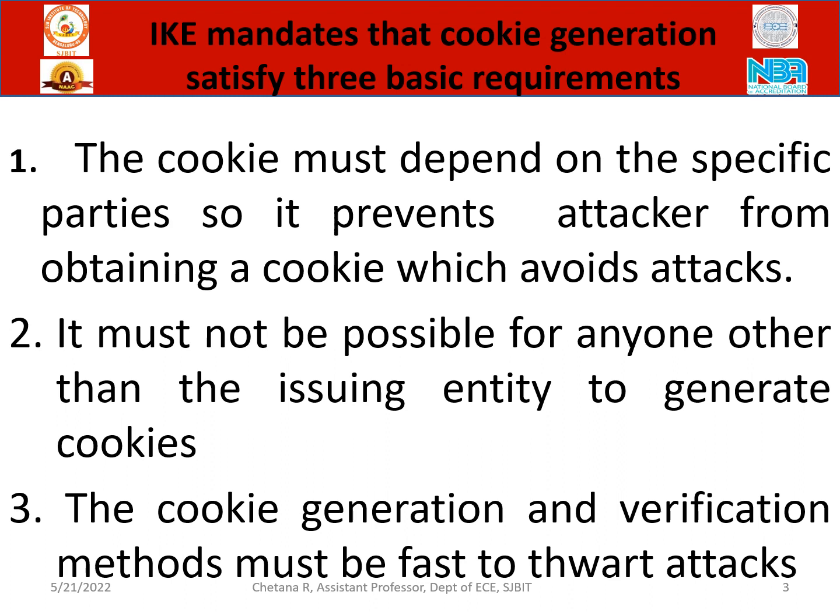So cookies will come only if you are authenticated, meaning you should be an authenticated person to generate as well as to receive. The cookie generation and verification methods must be fast to thwart attacks. It should happen swiftly in order to overcome the attacks.